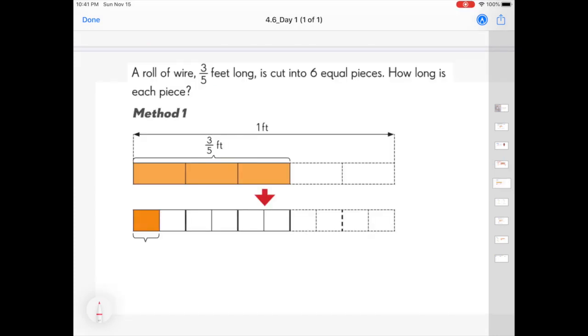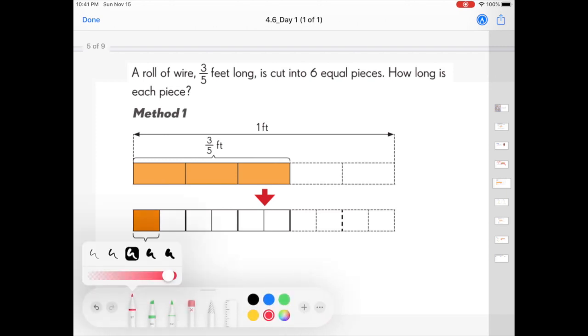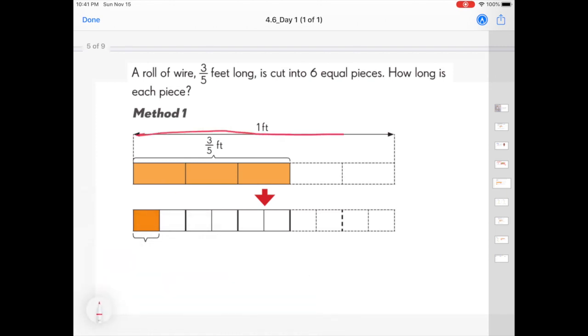Let's look at another example. This problem says a roll of wire 3/5 feet long is cut into 6 equal pieces. How long is each piece? Well, the first thing we want to realize is that our whole would be 1 foot. That's our whole.